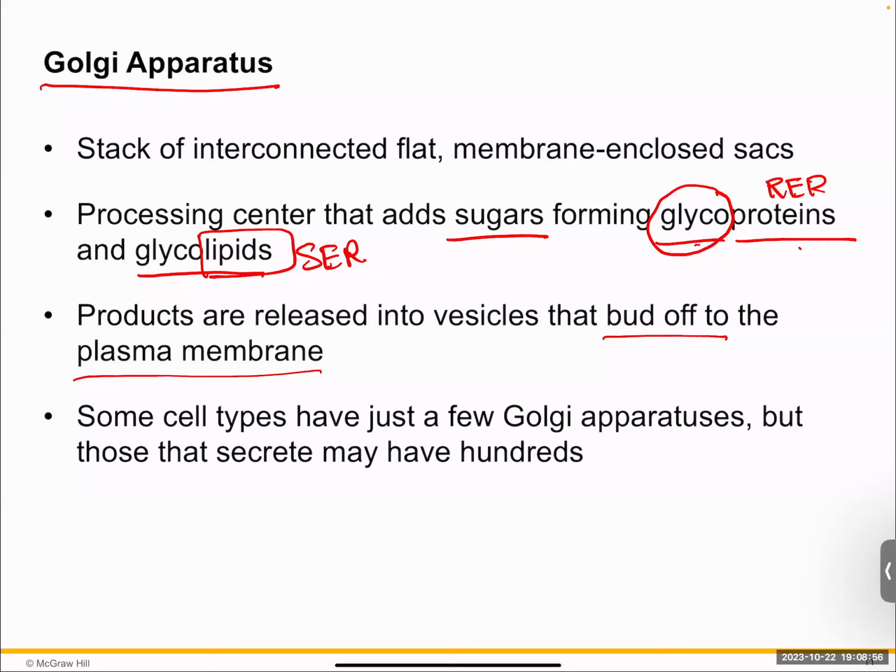Some cell types have just a few Golgi apparatus, but if they're producing a lot of proteins and a lot of lipids, they have Golgi apparatuses that secrete hundreds upon hundreds of these little vesicles into the environment.